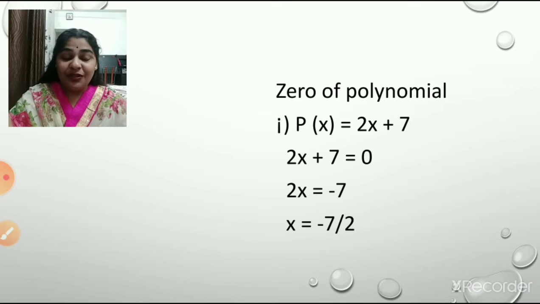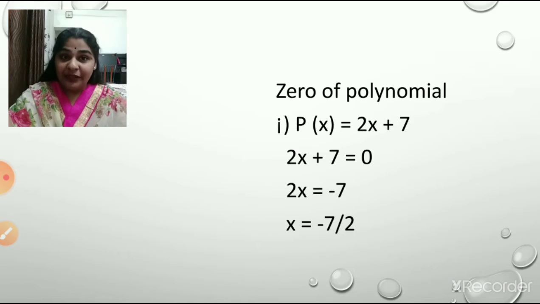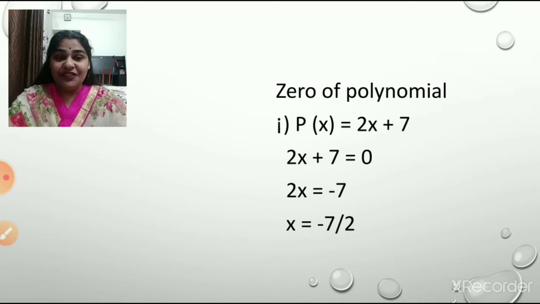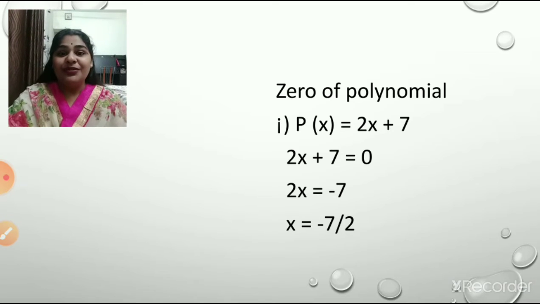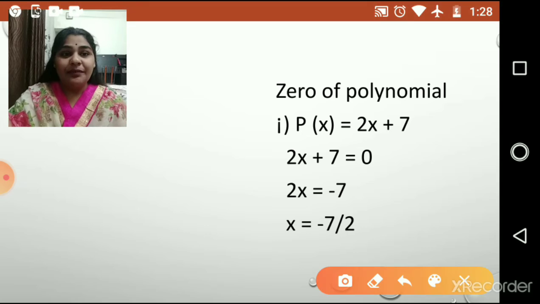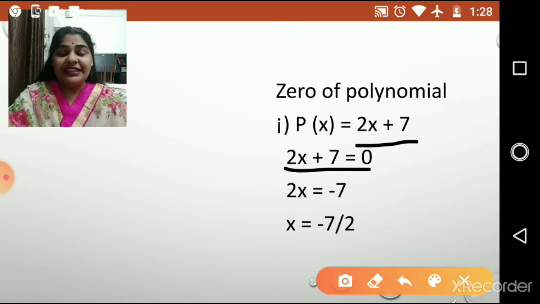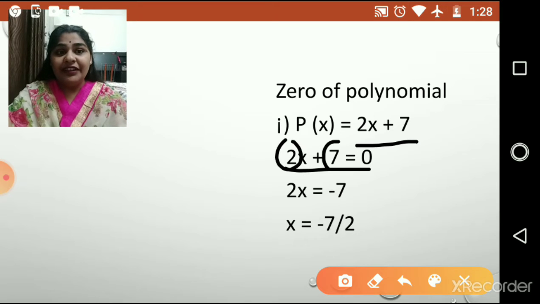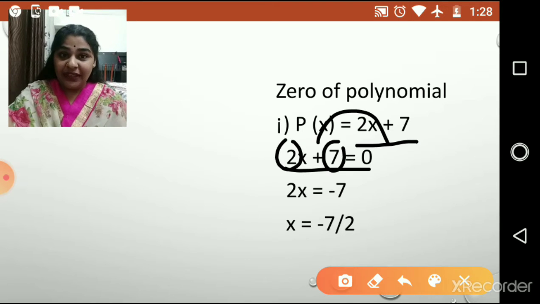Now zero of polynomial, we have already seen how to find the zero of polynomial. Polynomial will be given to you, children. Yes, you have to equate it with 0. So let us begin. P of x is given 2x plus 7. So 2x plus 7 is equal to 0, right? That means 2x is equal to, now whatever constants are available with the variable, I'll transpose it to the other side.